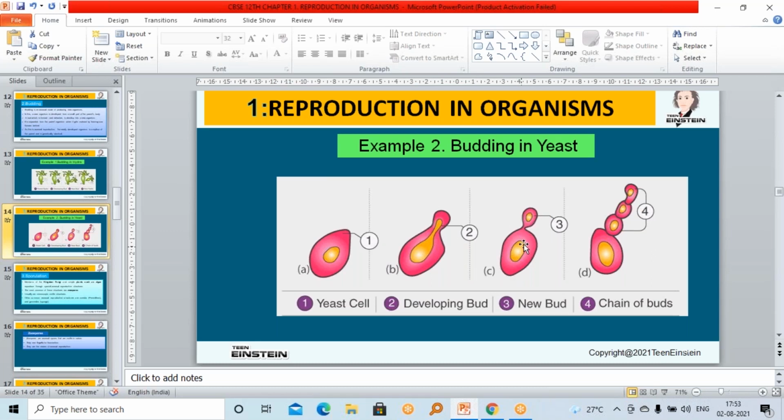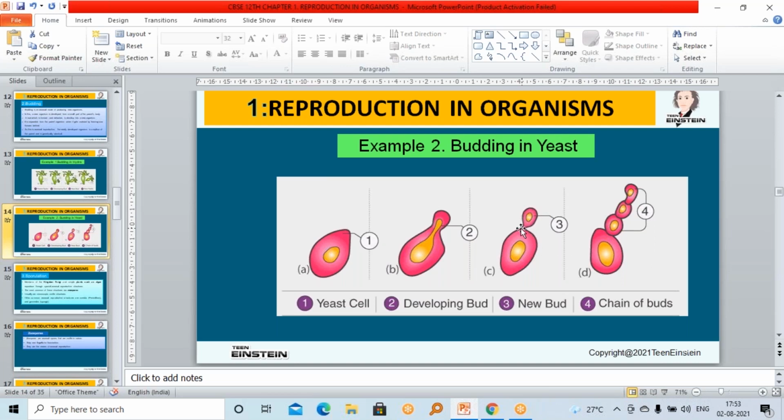Next example for budding is budding in yeast. In the first diagram, you can see a complete yeast cell. This is the parent cell. In the next stage, it is developing a bud. Here you can see a developing bud. Then the karyokinesis or nuclear division.